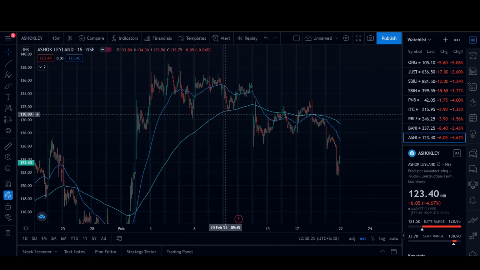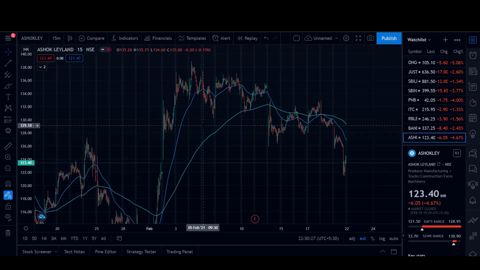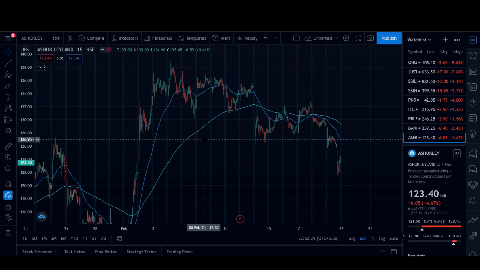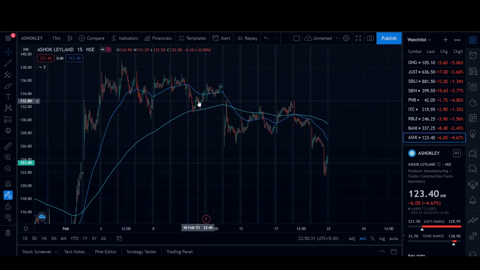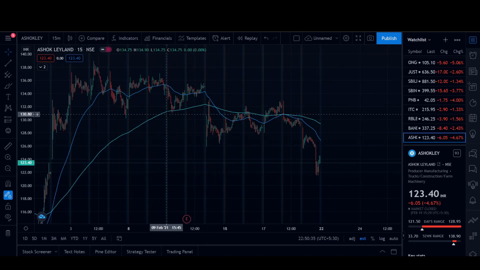So these EMA lines act as support and resistance. As you can see here, the price of Ashok Leyland has taken support from this 200 EMA once, twice, thrice, multiple times, and as we can see here, it has taken resistance from this line.